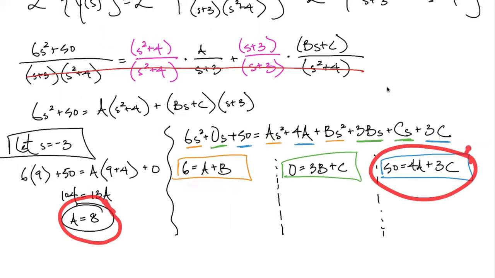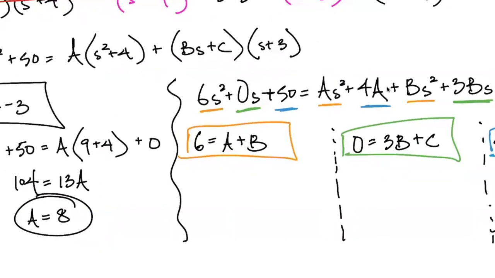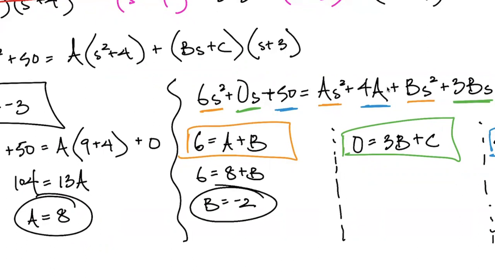That's also fine. Okay. But what would probably not be a great idea is to say, I have A and I'm going to use the green equation, right? That just logically doesn't follow because it doesn't give us anything. We just still have that green equation, right? So I'm going to put the 8 into the orange equation. I'll get 6 equals 8 plus b, and we get b equals -2. And that wasn't too bad.